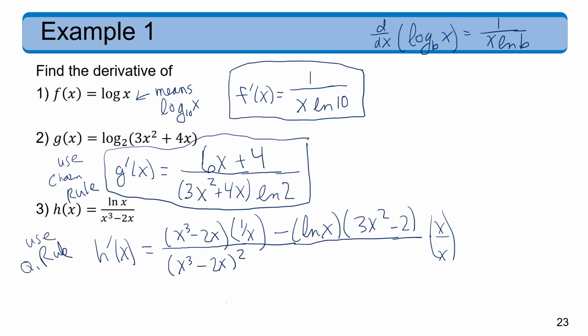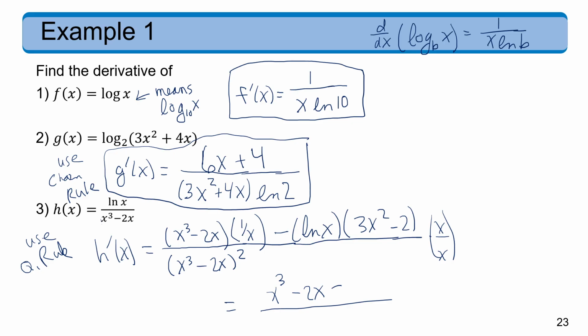In the numerator, on the first term, the x from here would just cancel that, so we're just left with what's in the parentheses there. And in the second factor, you just have to multiply by x.